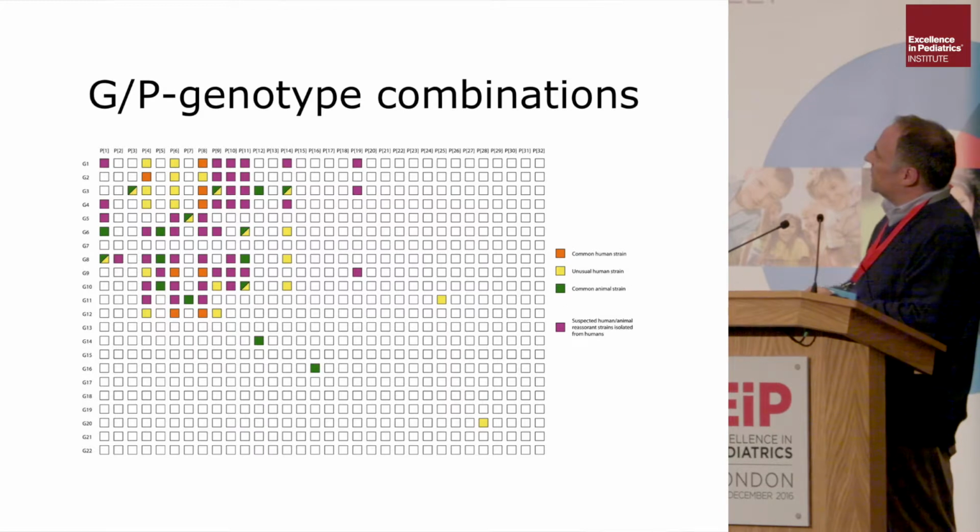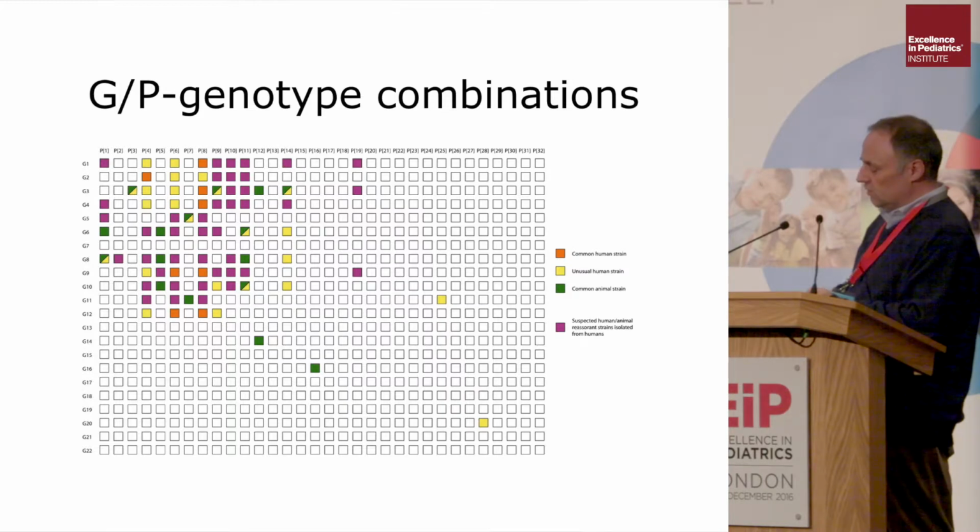Here, you have the unusual human strains and the suspected human-animal reassortment isolated either from humans in purple or from animals in blue. And that table is a lot bigger now and is becoming more and more complicated, and that is due to the nature of their segmented genome, they are exchanging genetic information quite readily.